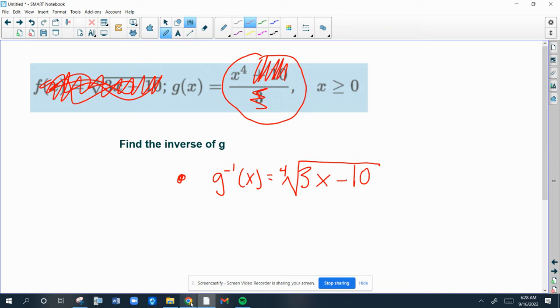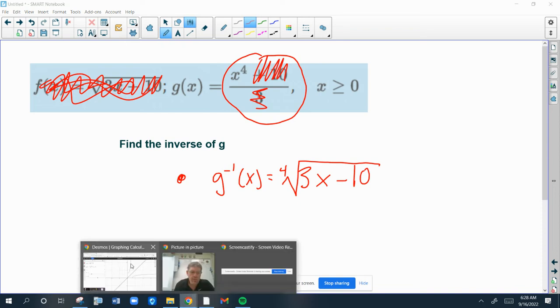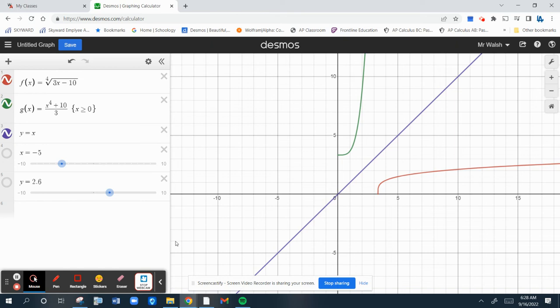So the graph is, and it will be quick, I swear. One thing about inverses is their domains and ranges are always opposite. So if you look at these two functions, the domain of this green function, which is g, you can see it starts at 0. This is my domain line, I guess.